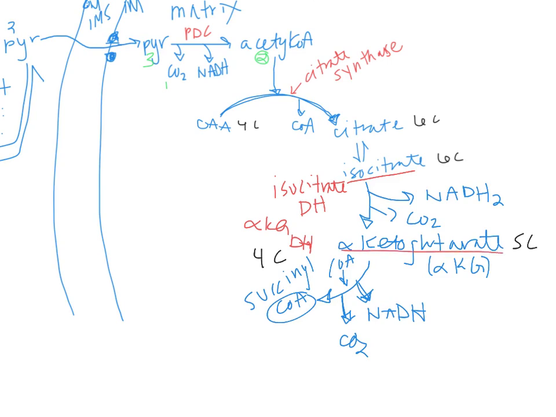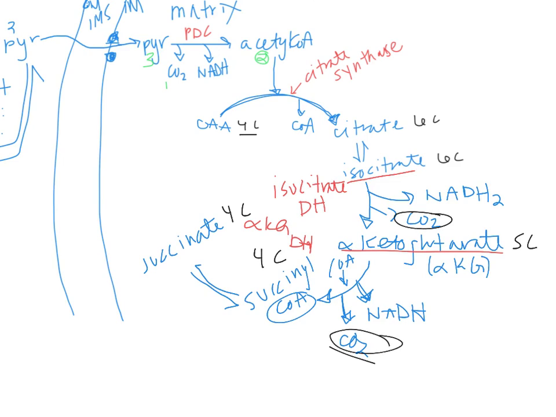Okay, from here, we've created another thioester bond, which means it's been created in order to set up another reaction that needs to be coupled. So we go from succinyl-CoA to succinate. Again, 4 carbons here. Everything from here forward is going to be 4 carbons. If you'll notice, oxaloacetate is 4 carbons. It's the last thing. So we've lost both of our CO2s, which is exactly what we wanted.